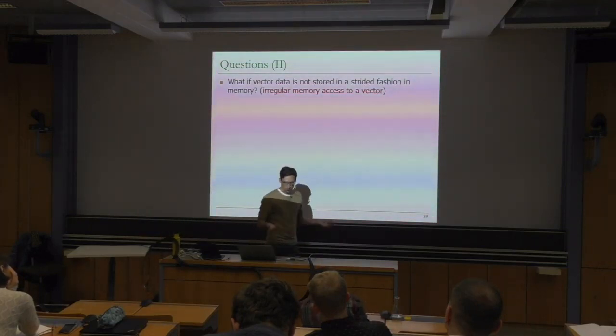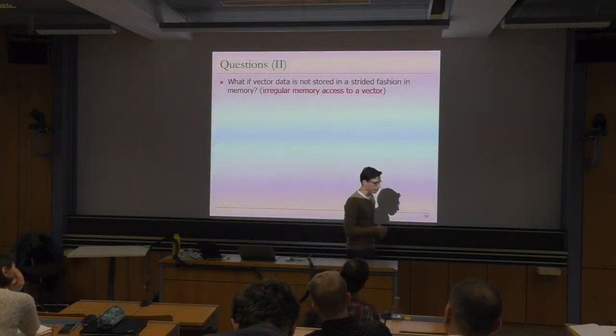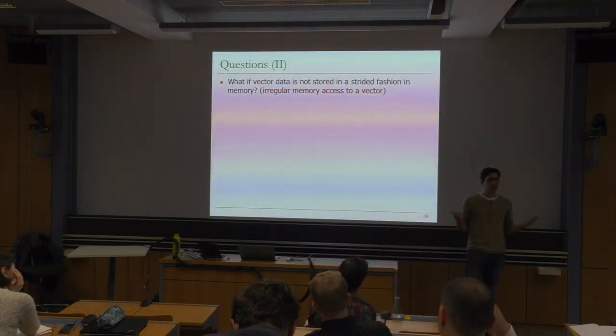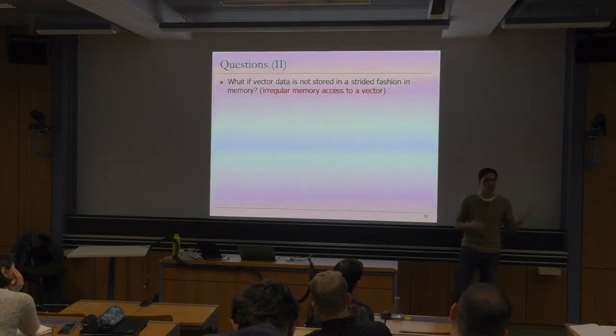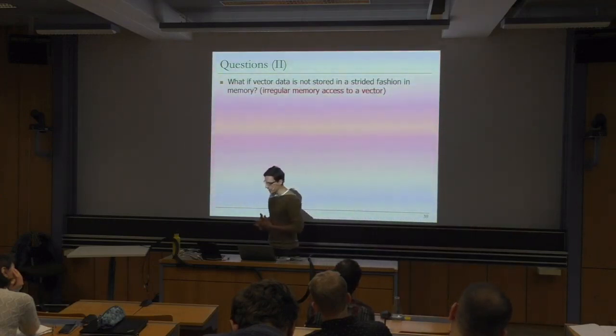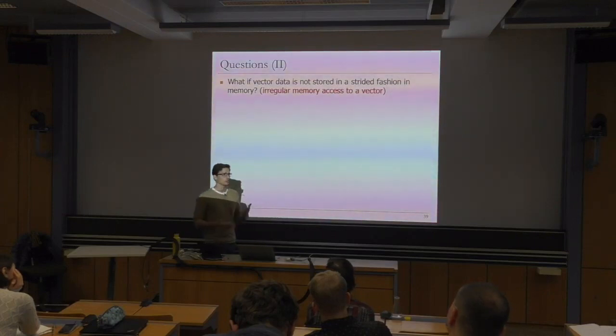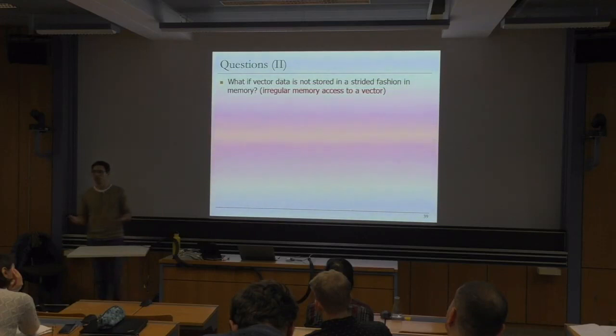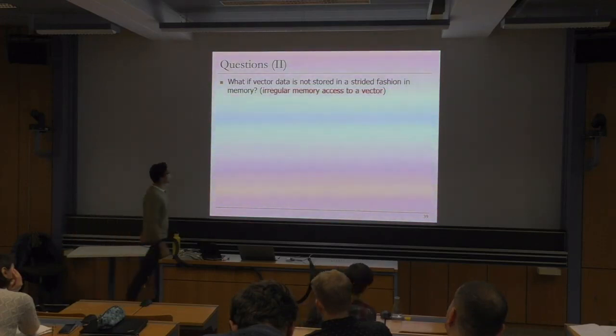In some cases we will need irregular memory accesses, for example in a sparse matrix computation. The other day Konstantinos presented his work, where he figured out mechanisms and techniques to improve the operation on sparse matrices or vectors.